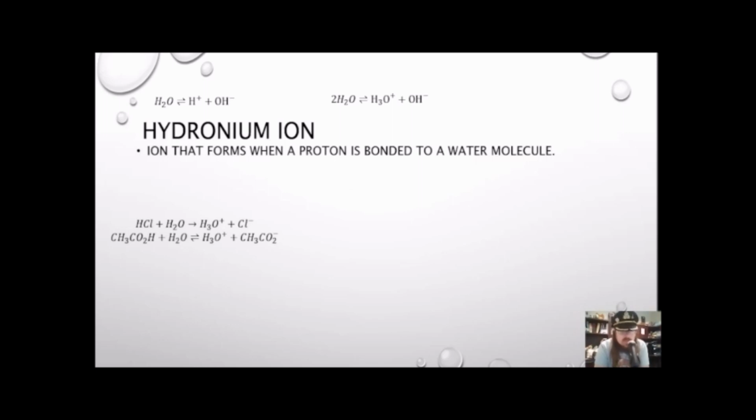Hydrofluoric acid has an ionization potential. Carbonic acid has a certain ionization potential. Phosphoric, certain ionization potential. Each of these is going to change depending on what you have. Hydrocyanic acid, different ionization potential, so different strength of acid.